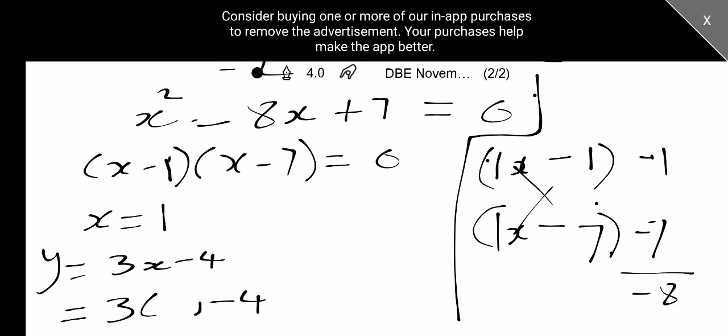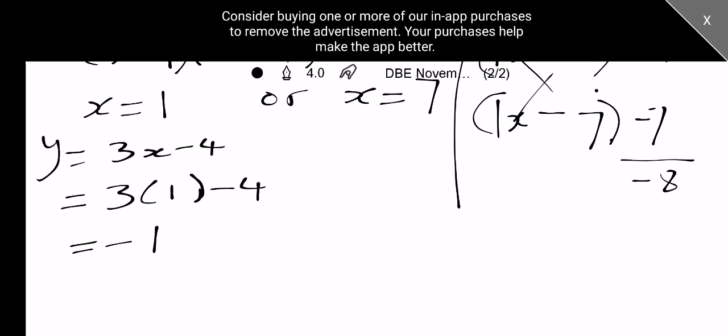X equals +1 or x equals +7. Let's just rectify the mistake there. So it's going to be 3 times 1, which is 3, minus 4 is going to give you -1. That is the answer.